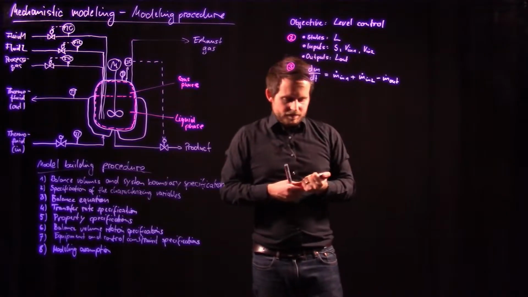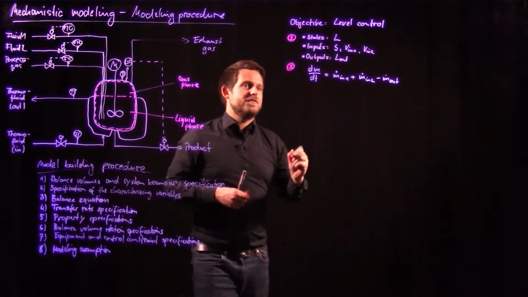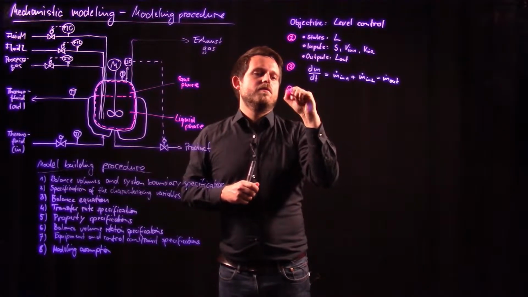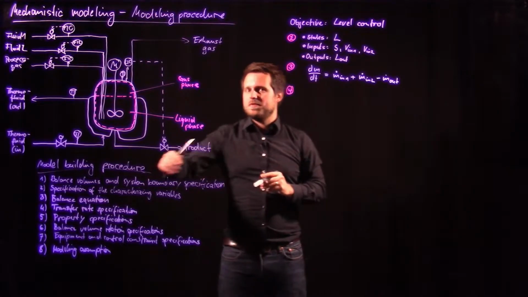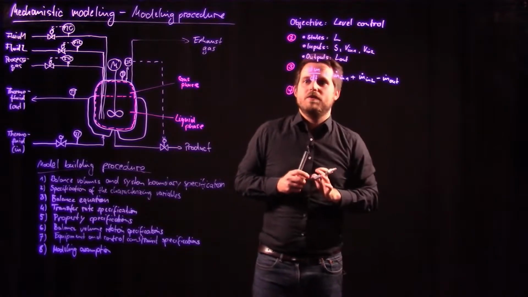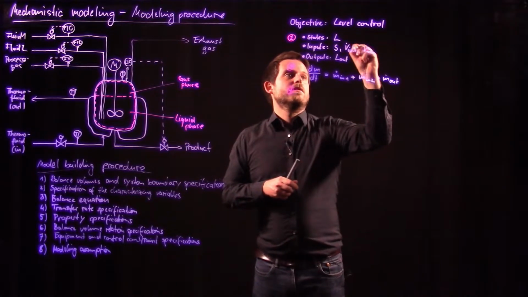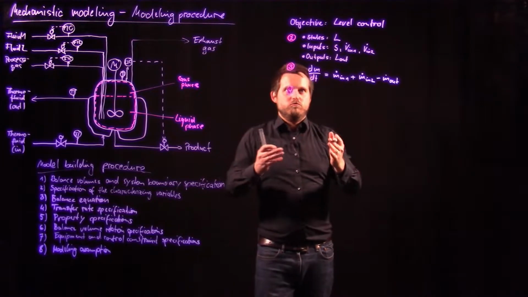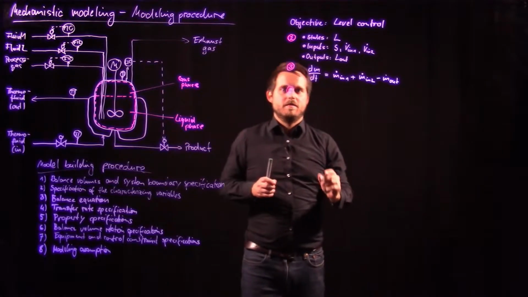Afterwards, we look into the next class, and this would be the transfer rates. In these transfer rates, we also specify how these flows relate to the inputs and outputs we specified.